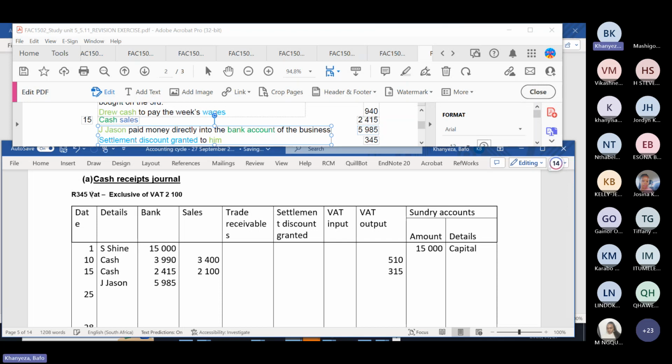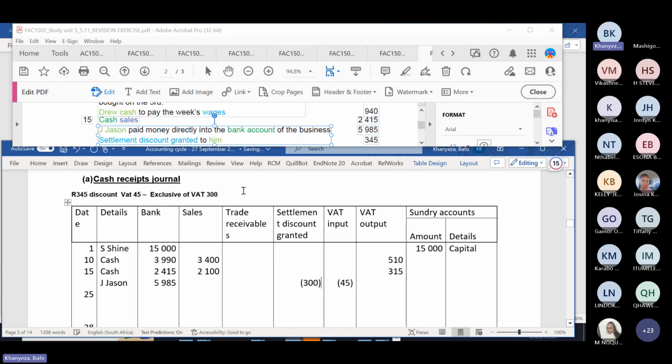So the VAT is going to be 45 rand, and exclusive of VAT it's going to be 300. Then this is going to be input VAT. It's an asset because we had already paid SARS a lot of VAT, so now we have to claw back some VAT. So it's going to be in brackets 45. Settlement discount is going to be 300.